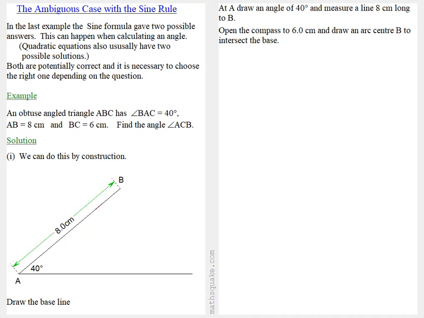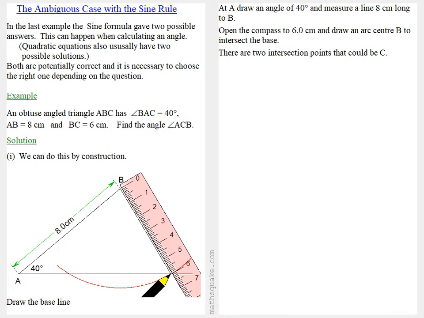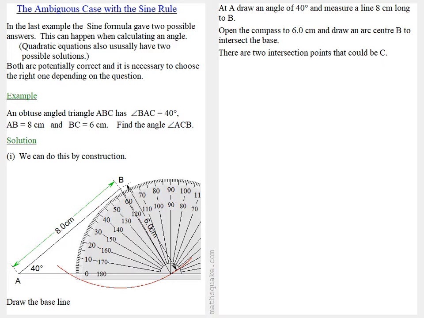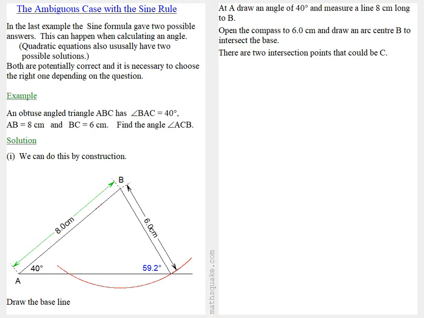Now we open the compass to 6 centimetres and draw an arc at centre B to intersect the base. There are two intersection points that could be C. Now, in the first case, we can measure the angle ACB using a protractor, and find it's 59.2 degrees.